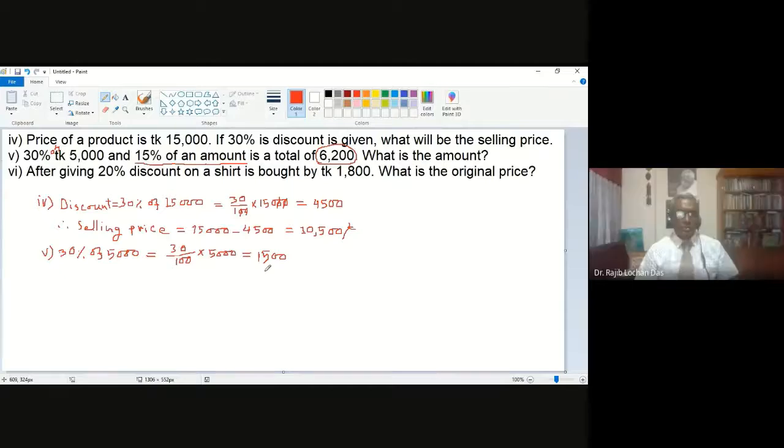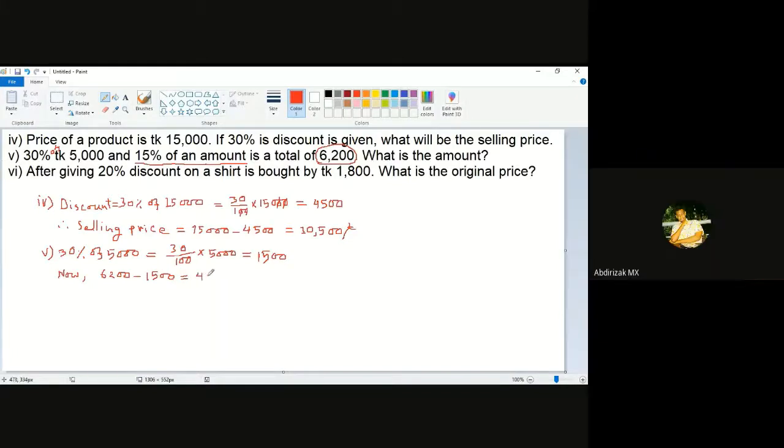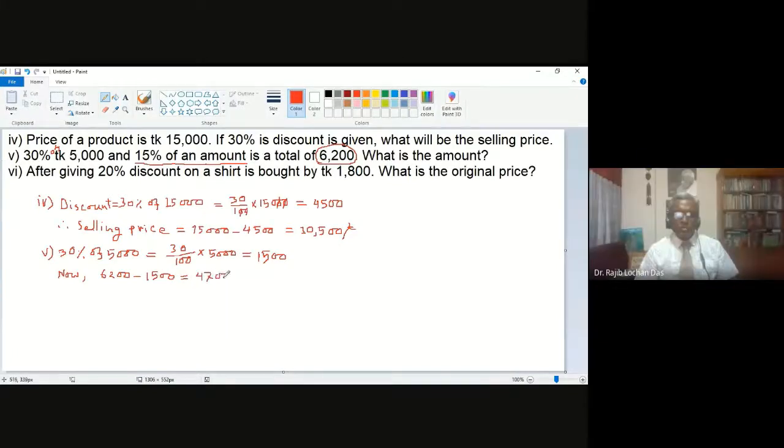So the remaining part is 6,200 minus 1,500, which is 4,700.